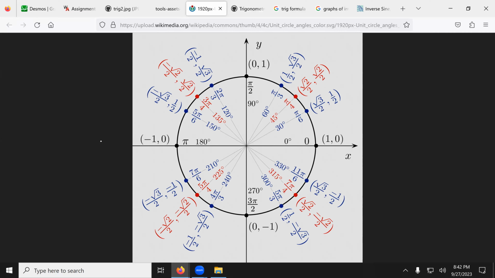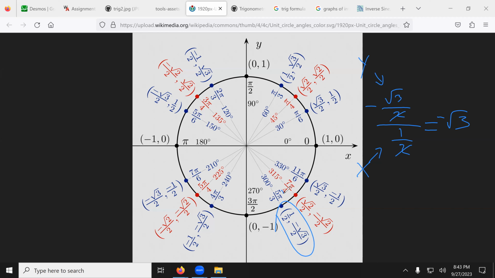The only way that it would be negative and equal to √3 would be, because remember, tangent is y/x, right? So I would have to have a scenario like this. But it's always going to be one of these. But these would cancel, leaving me with √3. So I need the y to be on top, this to be on top, and this to be on the bottom for my y and x. So the only one that does that is this. And it needs to be negative, so that's the one.